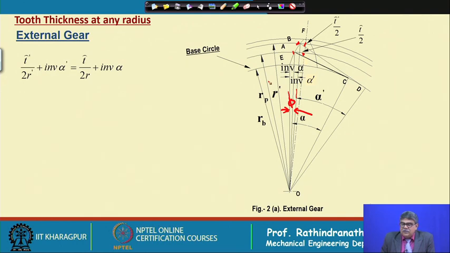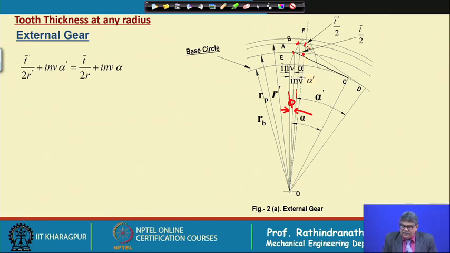Similarly, arc t dash by 2 divided by r dash will give the angle, this small angle at a radius r dash. Now, what we do?